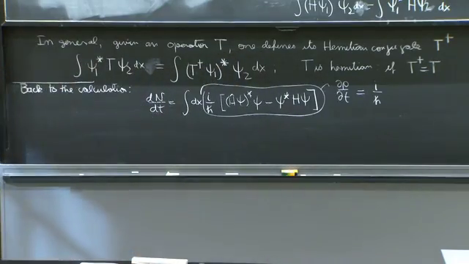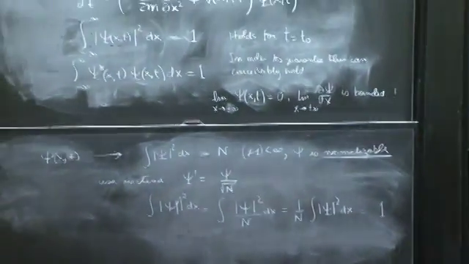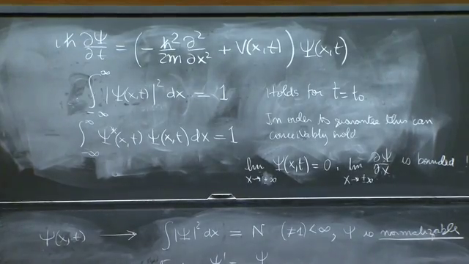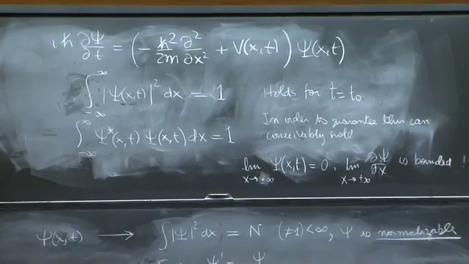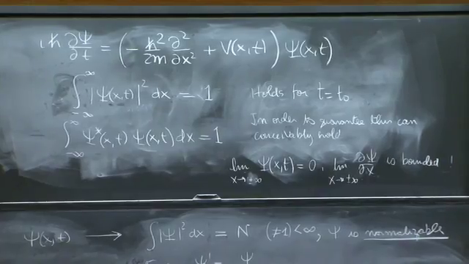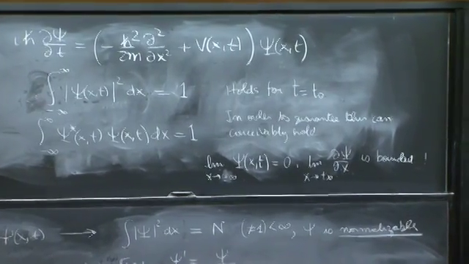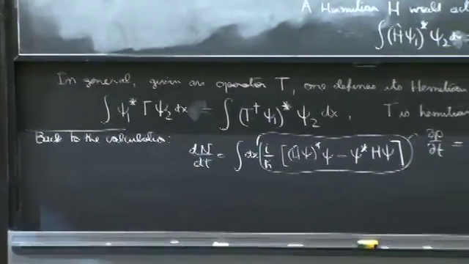Well, H in detail is over there, so I'll put it here: minus h squared over 2m, the second dx squared of psi star. So I'm beginning with H psi star, that's from the first term in the Hamiltonian, times psi.